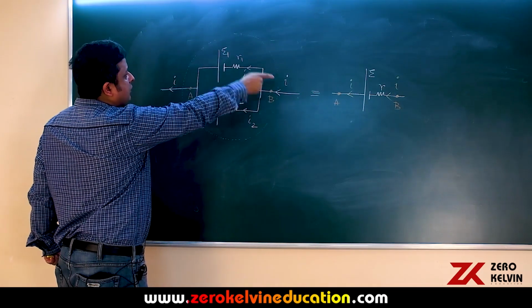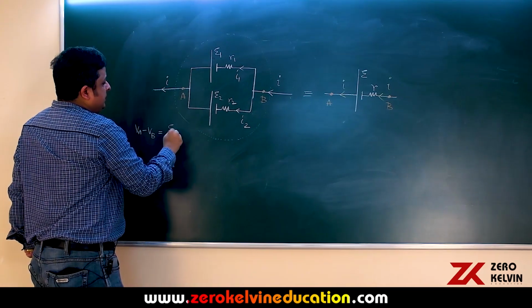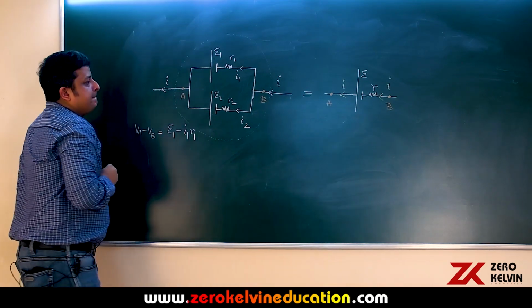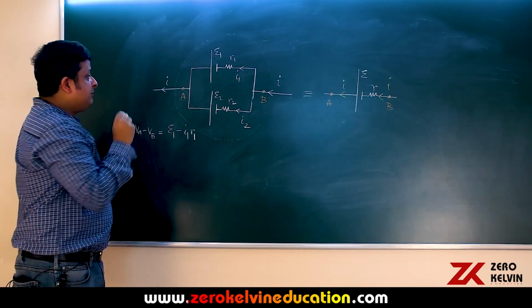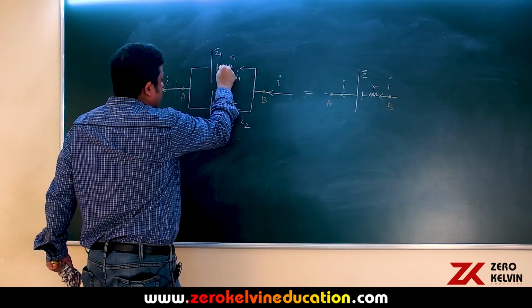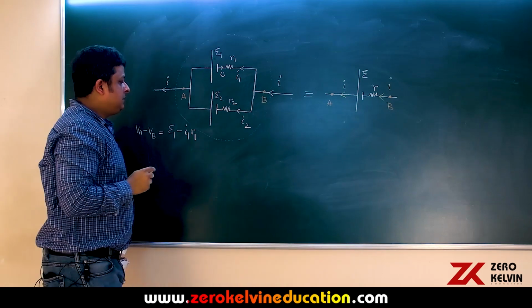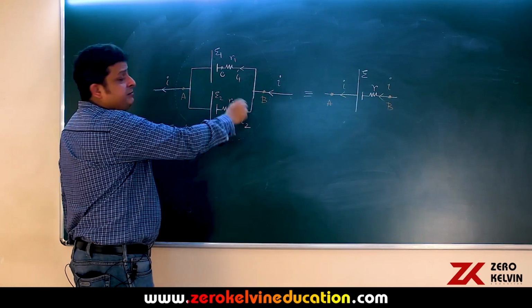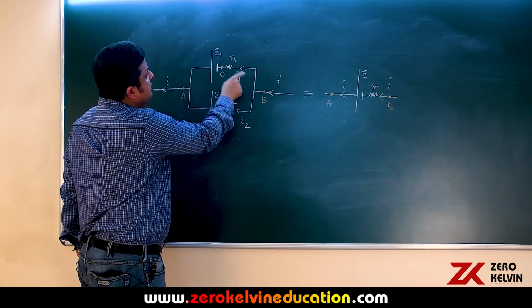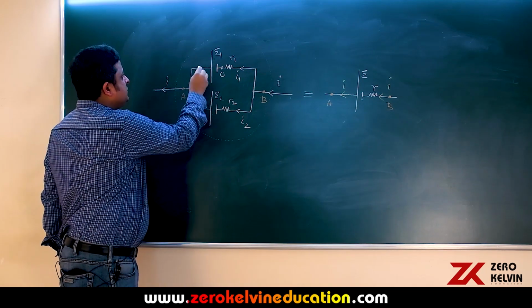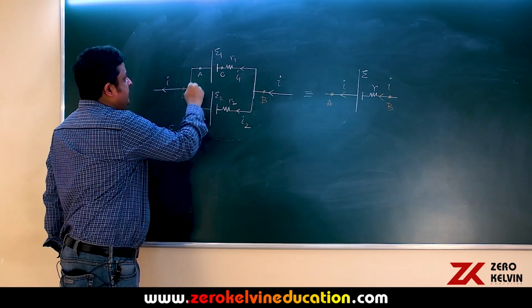See, from this top branch we know it is E1 minus I1 R1, right. How do you know that? Again the same logic we have applied: let us give it a name C. So, VA minus VB is VA minus VC plus VC minus VB. What is VA minus VC? This is shorted, so this is also point A, right.